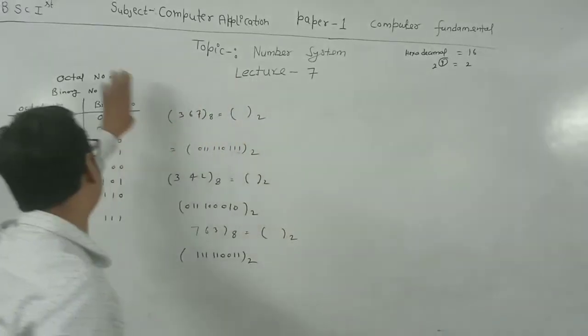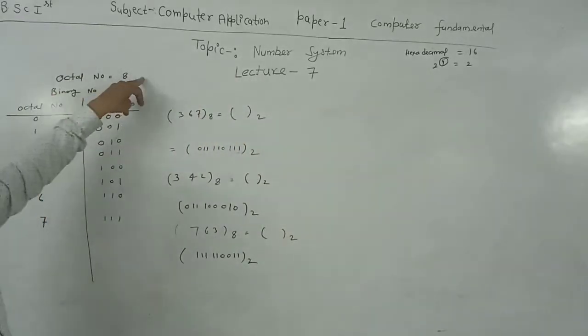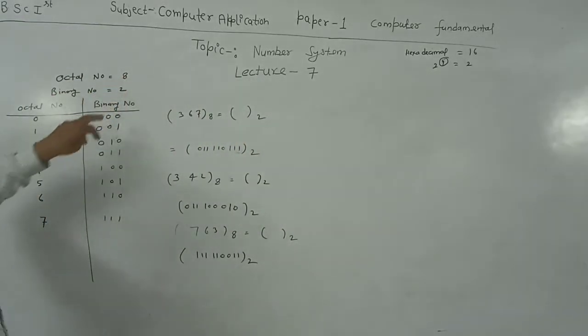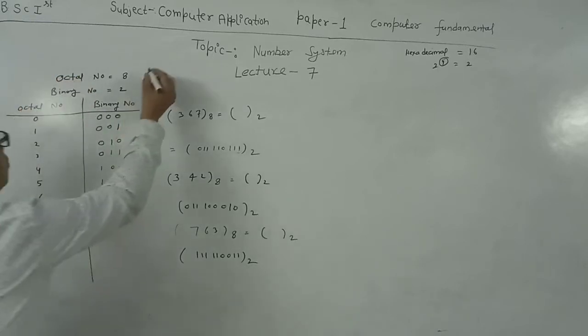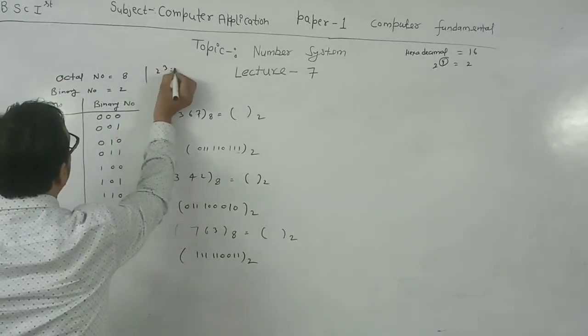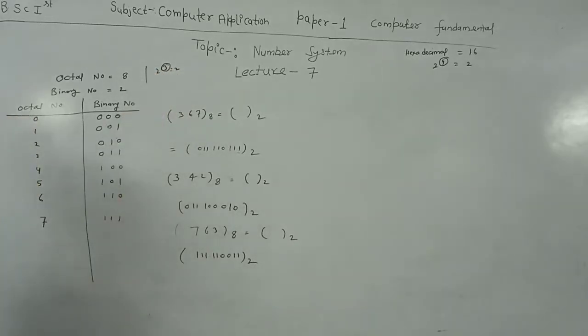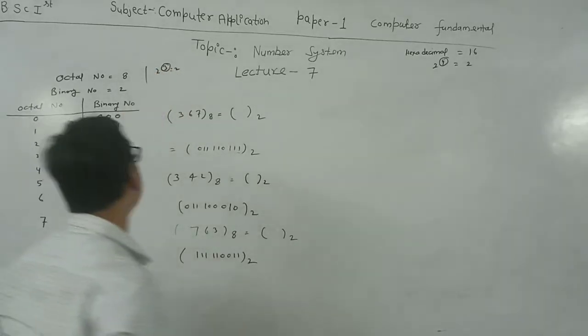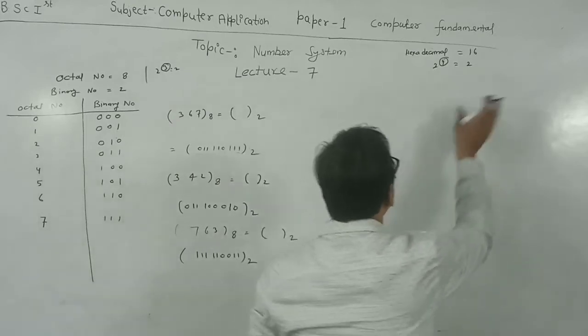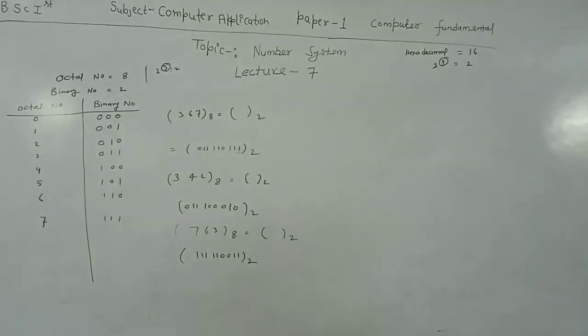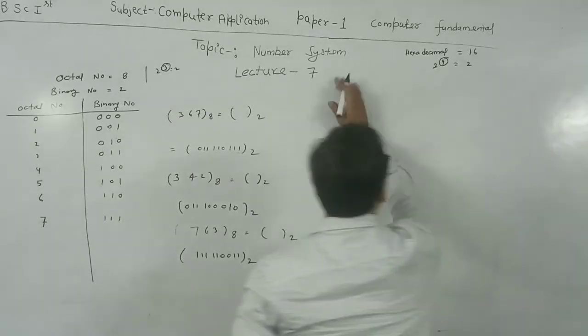Just like octal has a base of 8 and binary a base of 2, so 2 to the power 3 equals 8, and 3 binary digits are required to convert a number in octal. Here 4 binary digits are required to represent a number in hexadecimal form.